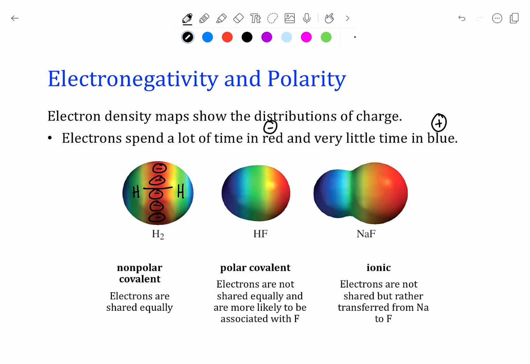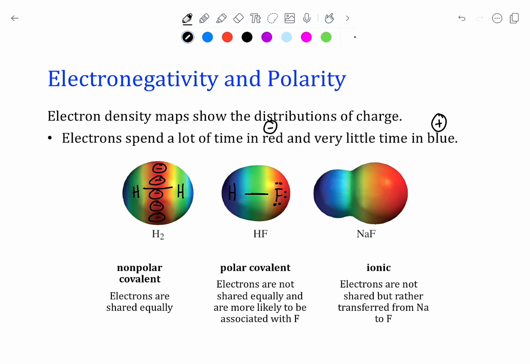Okay? In our polar covalent example, we have HF. So I have H here and F over here. And if we remember our fluorine atom, when it makes a bond, only one of its electrons is forming the bond. The rest of them are represented as lone pairs, okay, as dots around it, which means we have a lot of electrons over there.